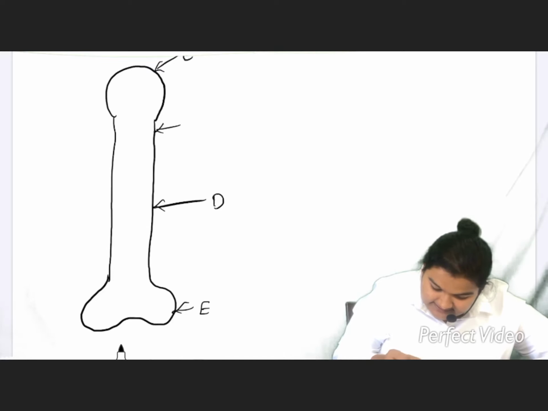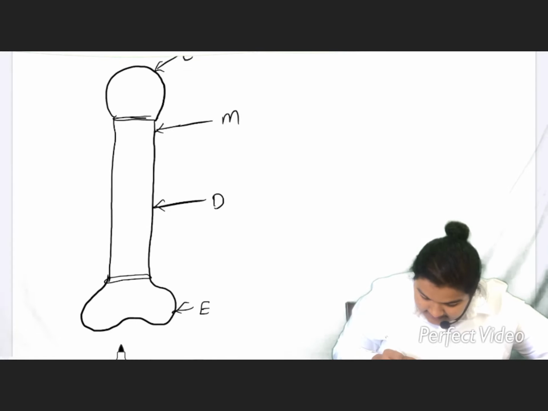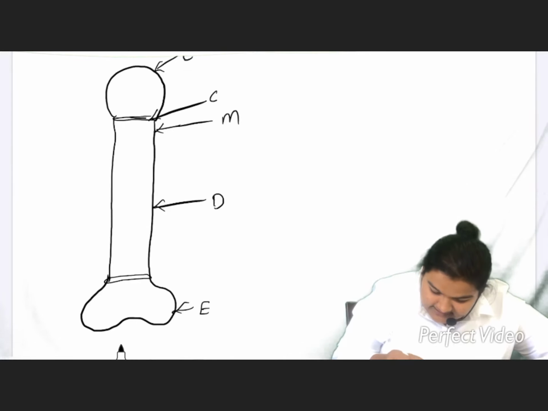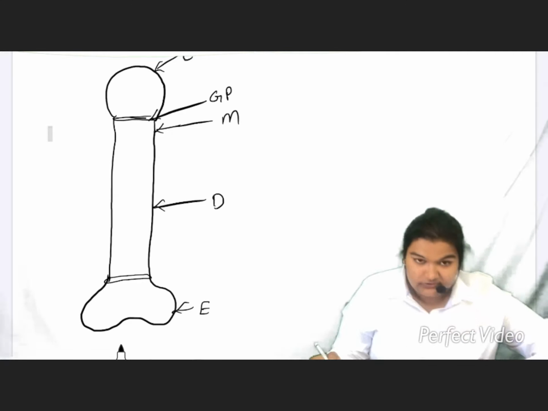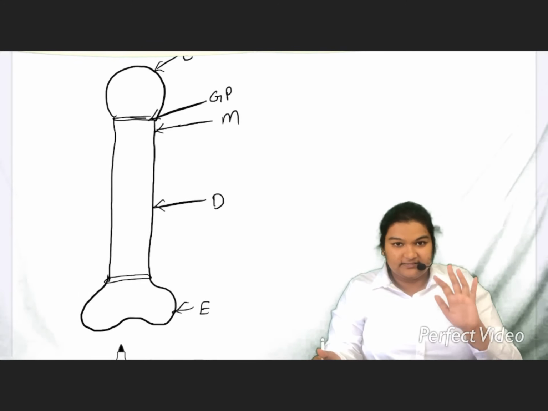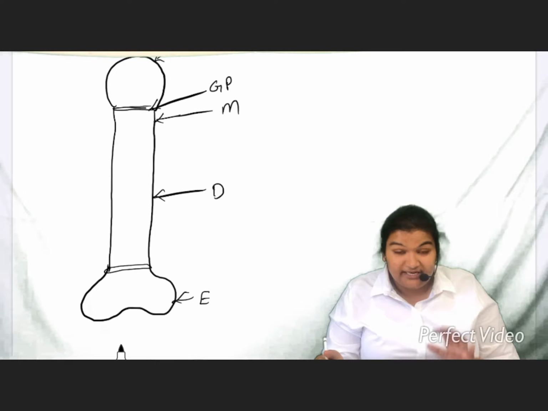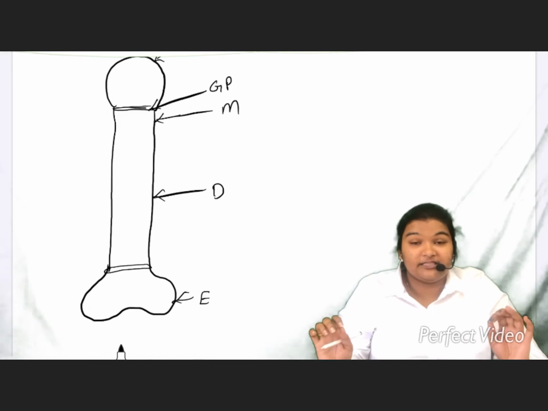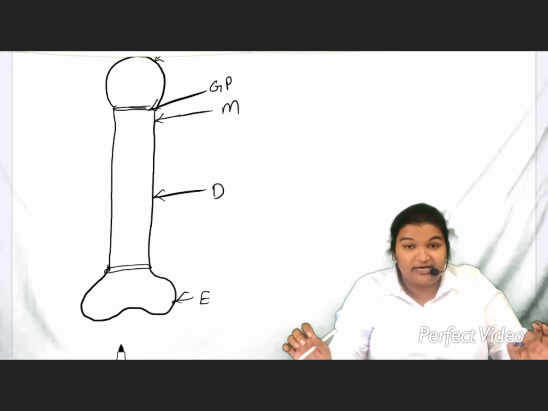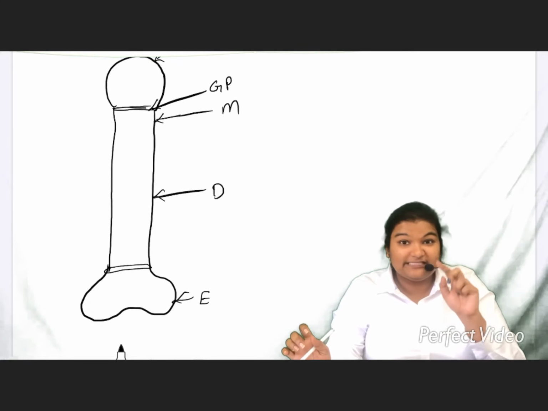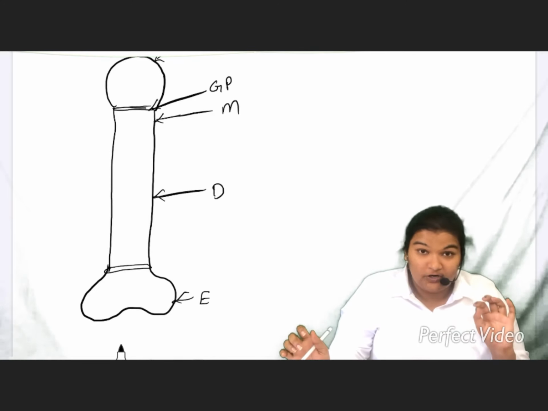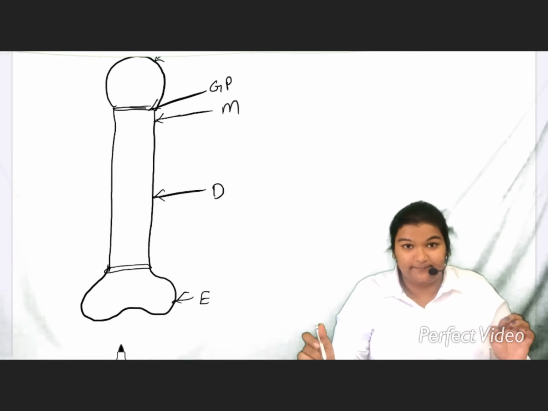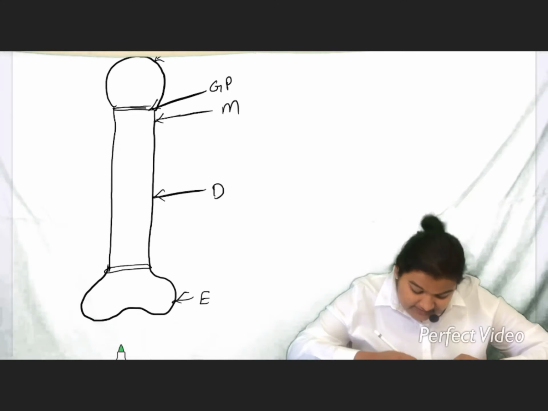This part is metaphysis, and here we have the growth plate. So up till now we saw these parts in the bone. Now this bone is surrounded by a thick fibrous layer, and we call it the periosteum. Let us draw it here first.